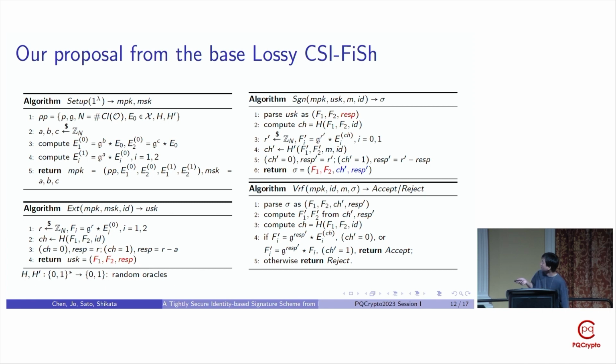Finally, the verifier recovers the challenge according to F1, F2, and ID. Then, according to the challenge and the challenge dash, we can verify that the G response dash is an isogeny between two proper elliptic curves.